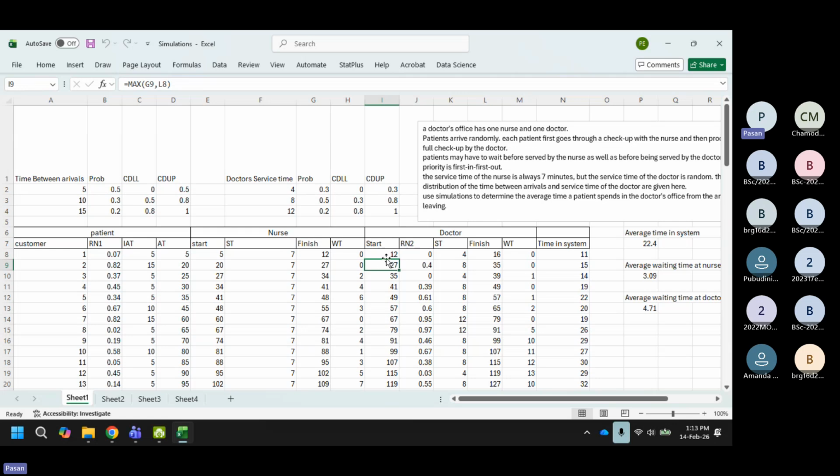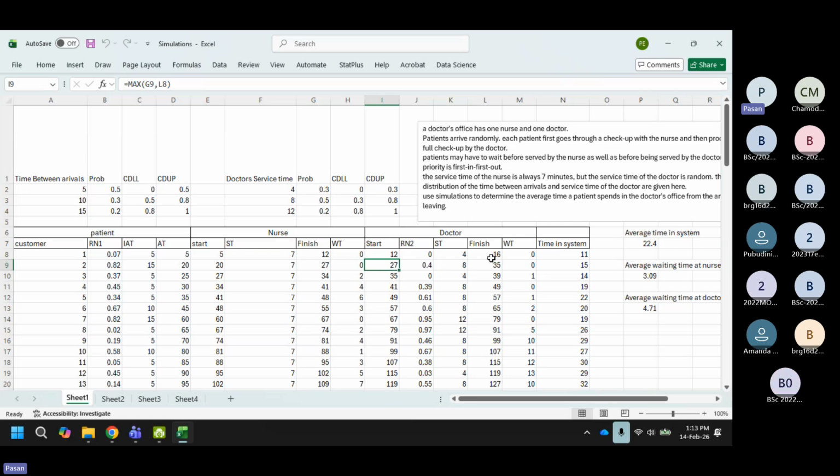for the next, the starting time you can identify either it is the finishing time of the previous customer, or the finish time of the nurse, which is the arrival time, and then the maximum of these two, right? So the finish time of the previous customer or the starting time at the end of the nurse, right?